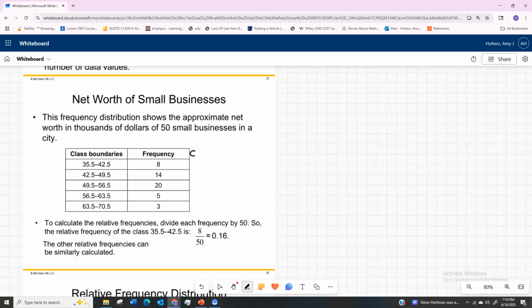Okay, so if you remember from the other section, we've done this a couple different times. So the cumulative frequency, I'm sorry, not the cumulative frequency. We want the relative frequency.